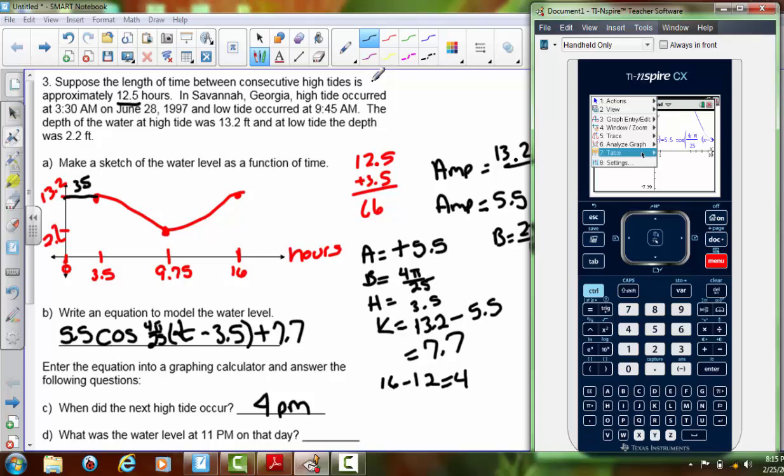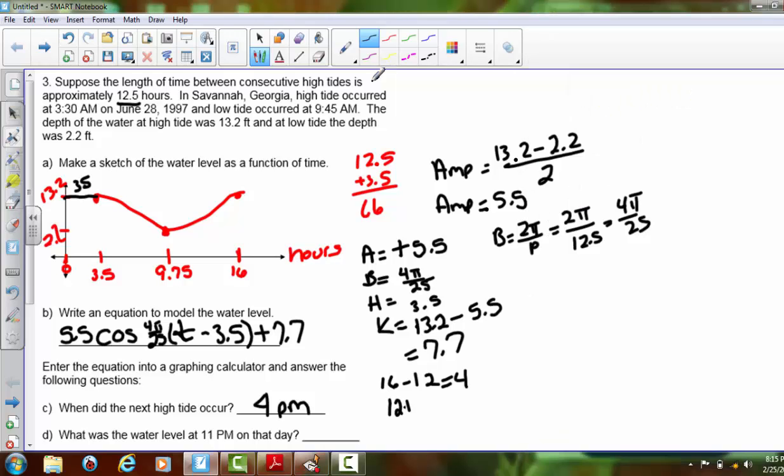So menu 7, and then I'm going to do a split screen table. At 11 p.m., I need to do 12 plus 11, so that's when x is 23.